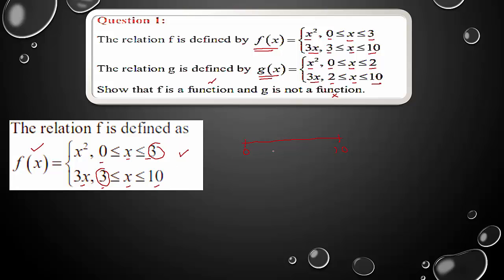Here they are using 3 as the breakpoint. In between 0 to 3, your f of x is x square. In between 3 to 10, your f of x is 3x. At the breakpoint, your function is both x square and 3x.